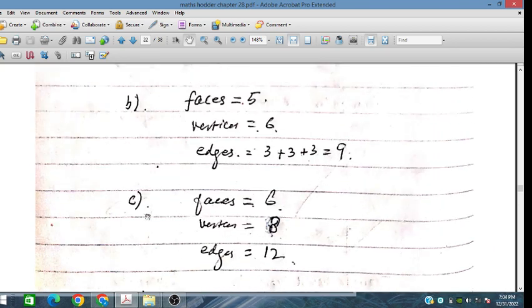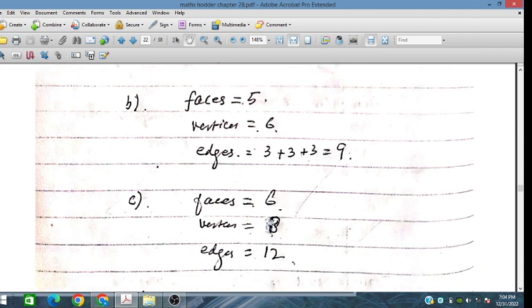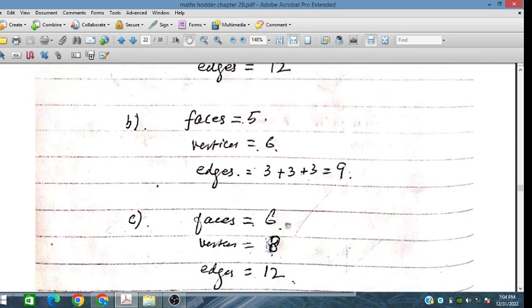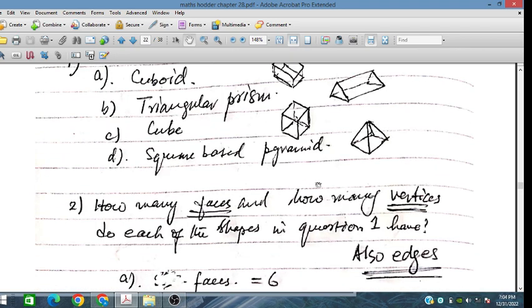For part C, it's like a cuboid. So faces are 6, vertices are 8, and edges are 12. And part D, we have a square-based pyramid.